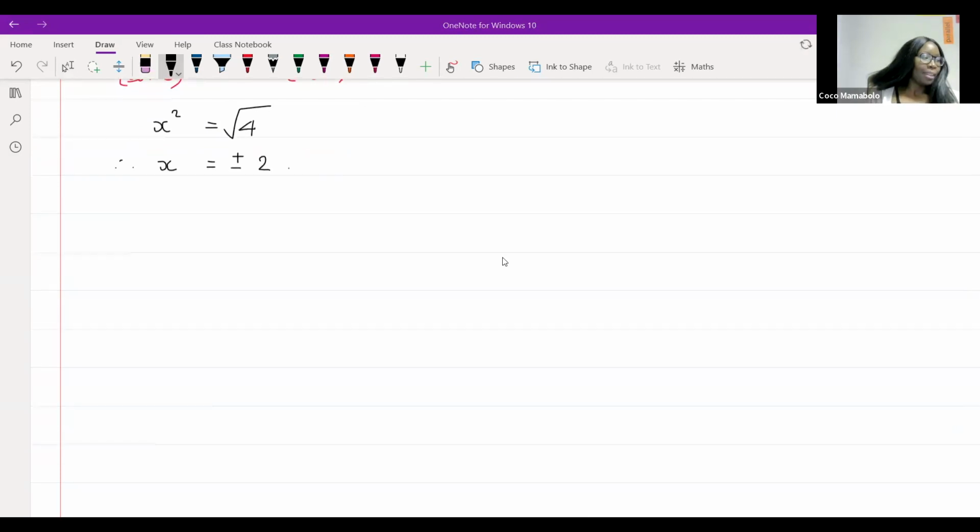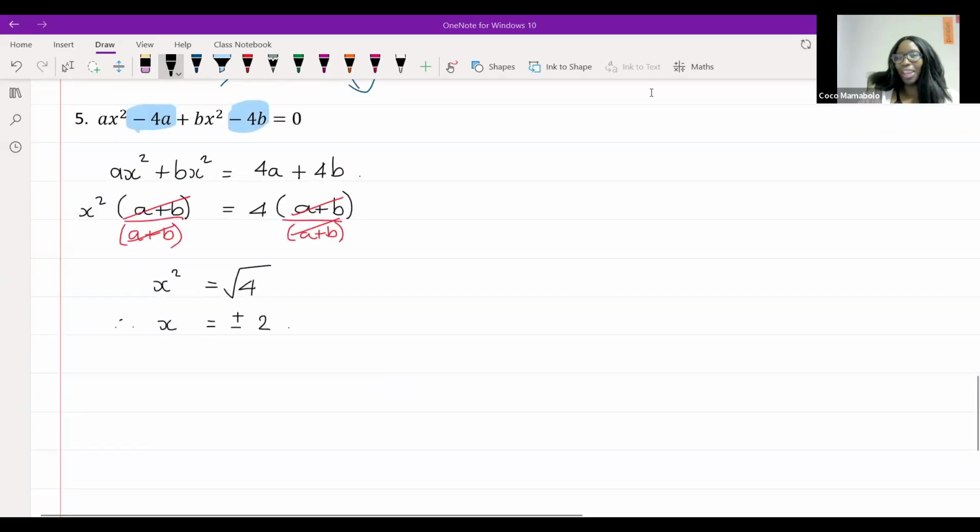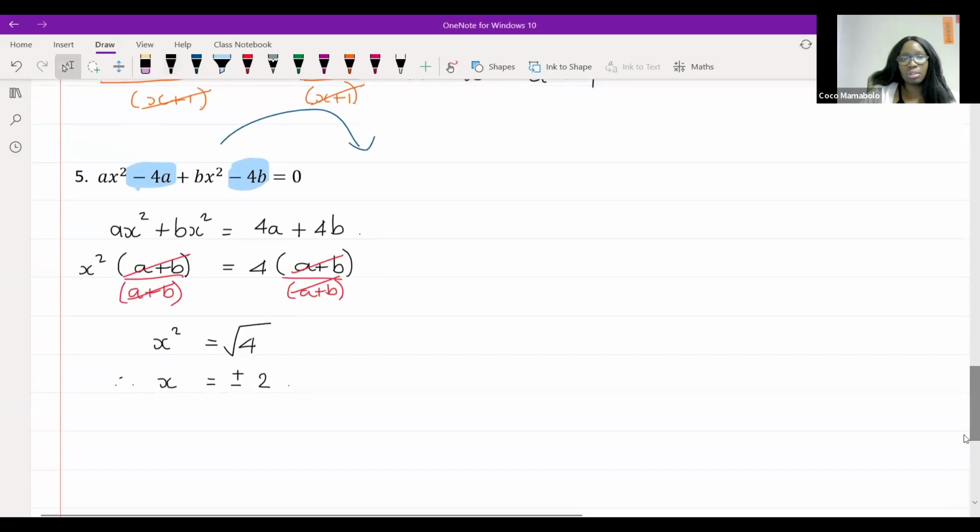Okay. I have a very long method. You did a different method. Yeah, I think the method is wrong, but my answer is right. Okay, tell me what method did you use here? So first, I took all the things with the a on the other side, and so I got ax squared plus bx squared equals 4b plus 4a.